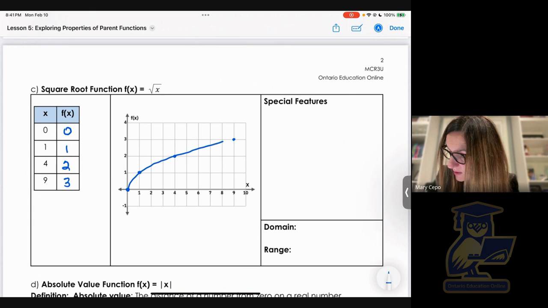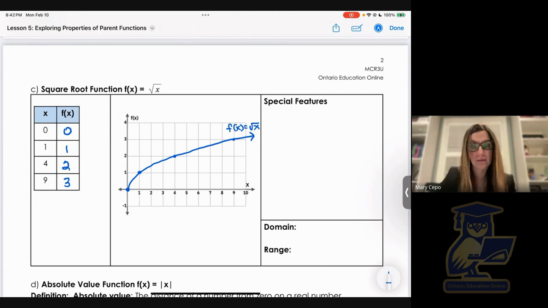Notice my function begins at the origin. f(x) equals the square root of x. It does keep going, and what we would choose for the next x, or input value, would be another perfect square, so something like 16. The square root of 16 is 4. 25. The square root of 25 is 5. But we don't need to go through all those points. These are the 4 key points that we need to know for the square root function.